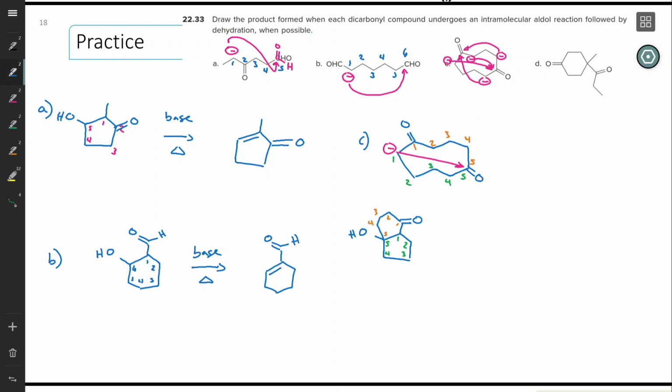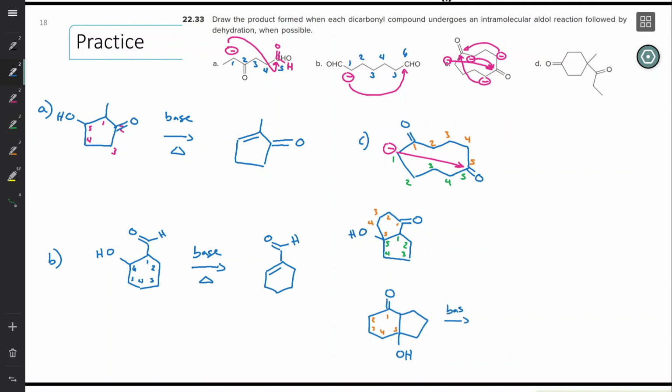Okay, so this is actually, let's maybe redraw this better. So that actually makes a 6-membered ring. 1, 2, 3, 4, 5, and then this was my original 5-membered ring.